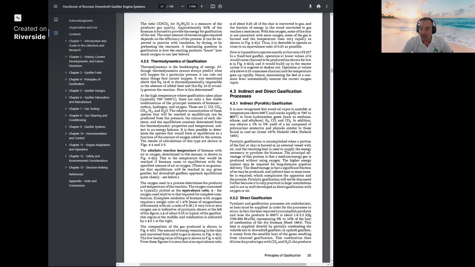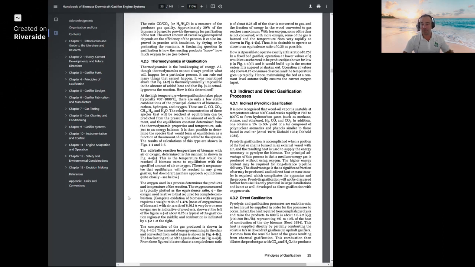The disadvantage is that a significant fraction of tar may be produced and indirect heat or mass transfer is required, which complicates the apparatus and the process. Pyrolytic gasification will not be discussed further because it is only practical in large installations and is not as well developed as direct gasification with oxygen or air.